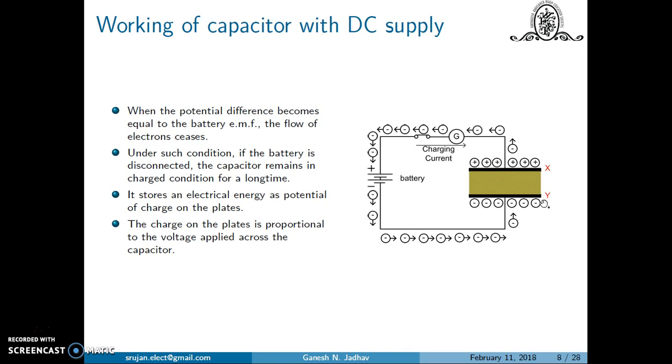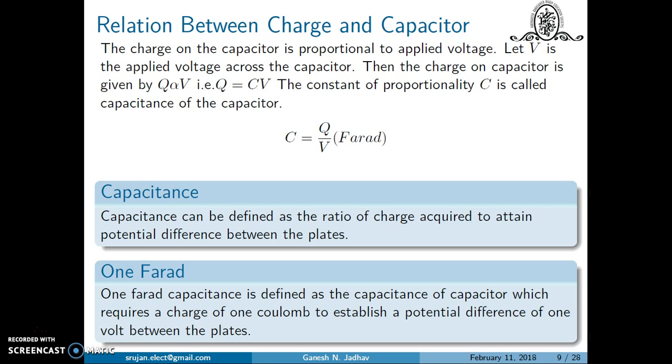So Q is proportional to V. Let us see the relationship between charge and capacitance. Let V be the applied voltage across the capacitor, then the charge on the capacitor is proportional to it, as Q is proportional to V. To remove the proportionality constant, Q is equal to CV, where C represents the capacitance of the capacitor. So C is equal to Q upon V, in farad.